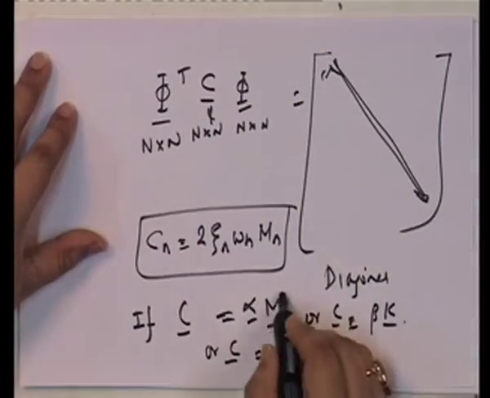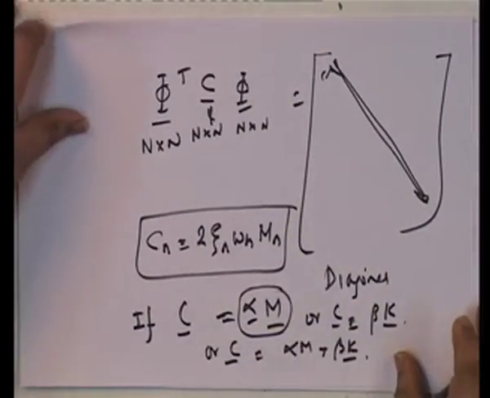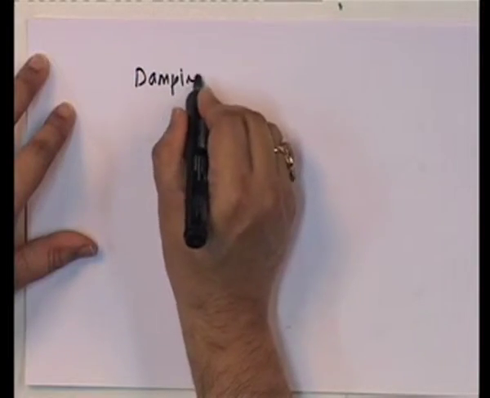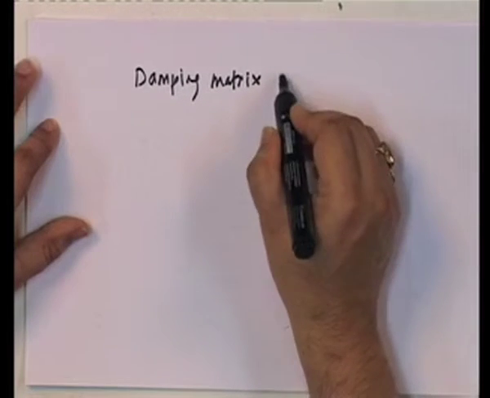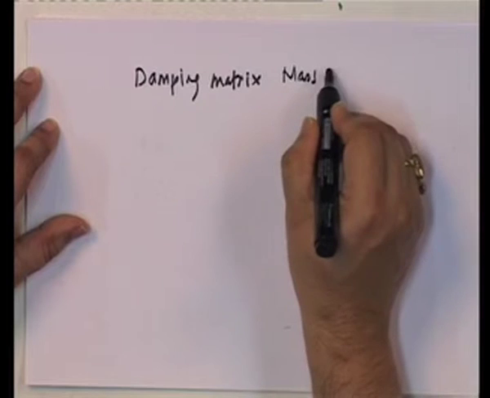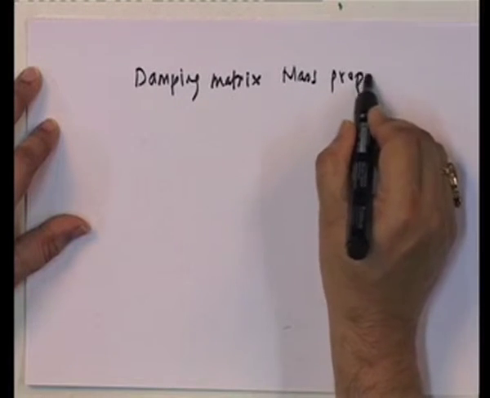Suppose the damping matrix is mass proportional.